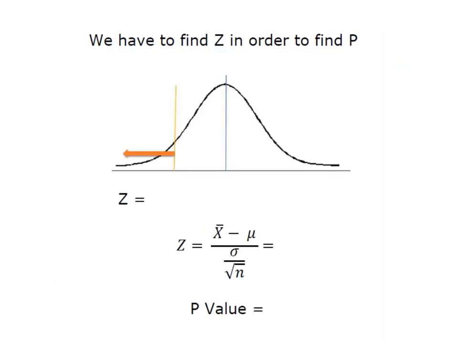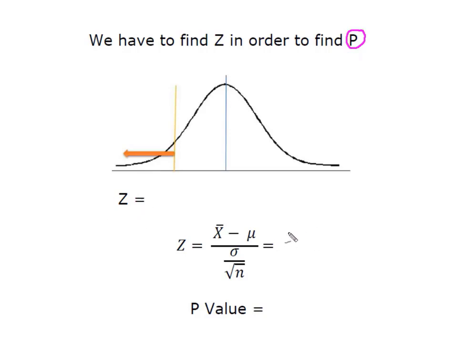So in order to find a p-value, we have to find a z-value, and that's because remember that our p-value is simply the probability of having gotten a test statistic or a test value more extreme than the one we got. So we're going to calculate our z.